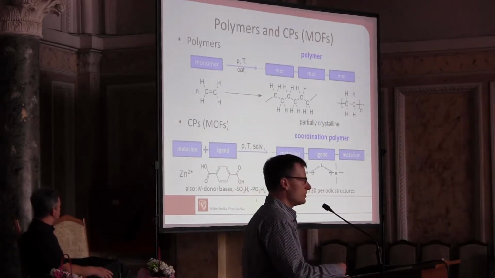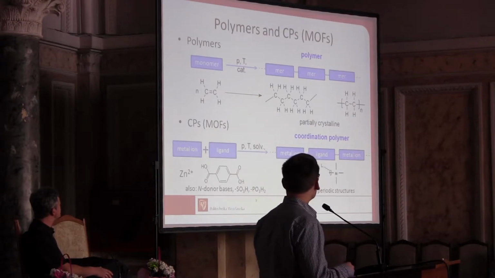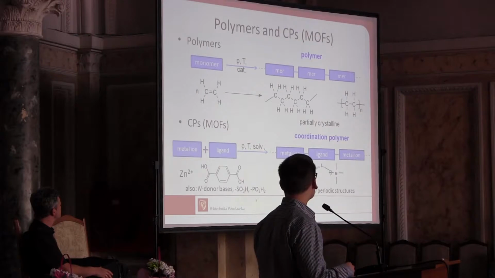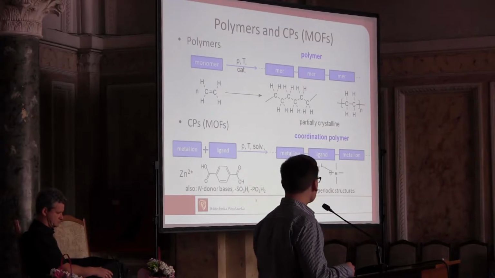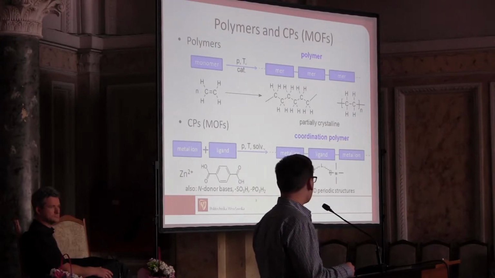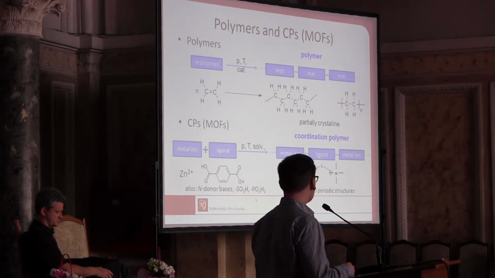So, for those who don't know a lot about coordination polymers, coordination polymers are like metal complexes, but they have coordination bonds that propagate in 1, 2, or 3 dimensions.